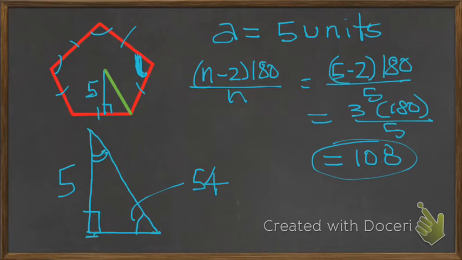The other thing to notice is this segment right here, and if I knew that, then I could find the perimeter of the polygon, and then I would have everything I need, the perimeter and the apothem, from which I can get the area. So here's a right triangle, here's an angle, and a side opposite the angle, and I'm looking for the adjacent side. What does that remind you of?